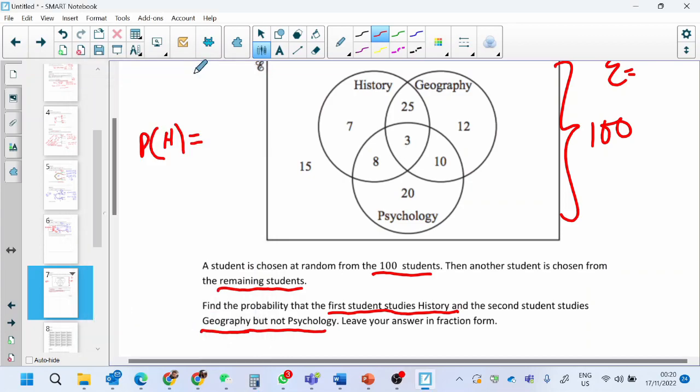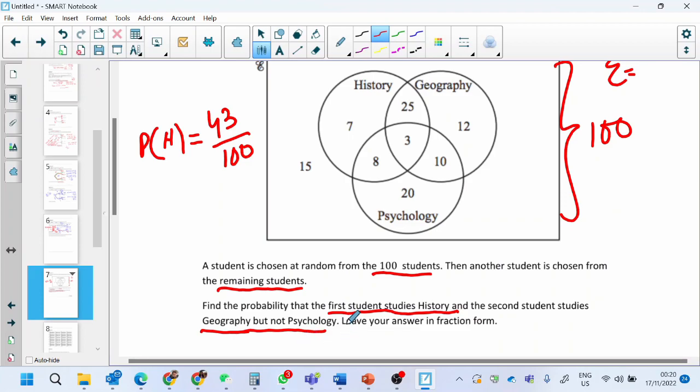Okay, these are 43. So 43 out of 100 is the probability of history, and the second student studies geography but not psychology.